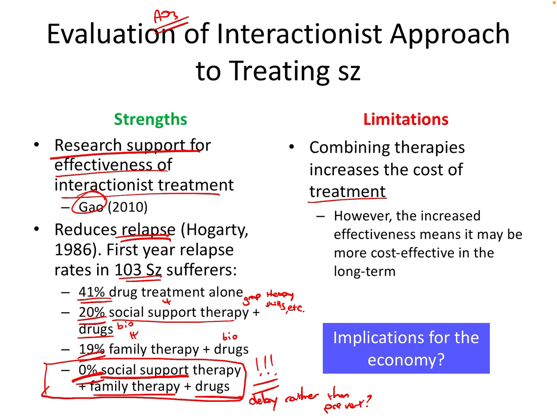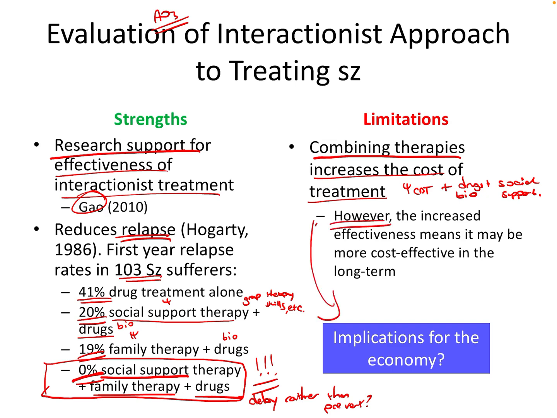And of course, if we're combining psychological therapies like CBT with drugs and biological therapies, plus social therapies as well, like social support, then that's obviously going to increase the cost. So combining therapies is going to be much more expensive, and we need to think about, therefore, the implications for the economy.